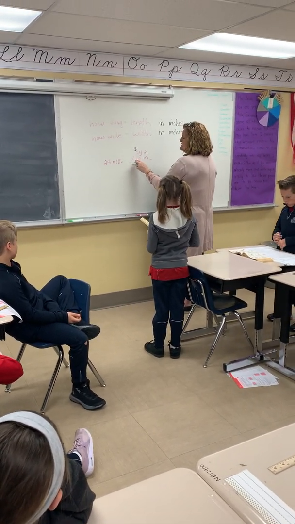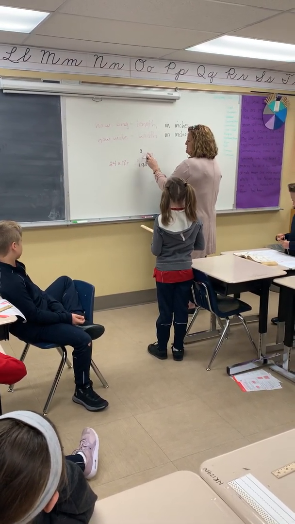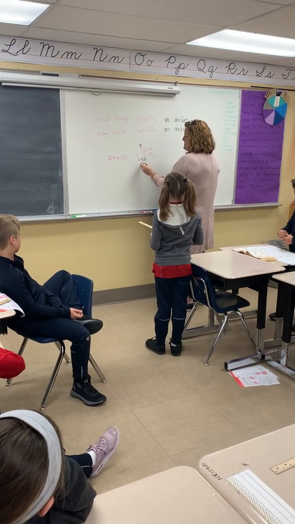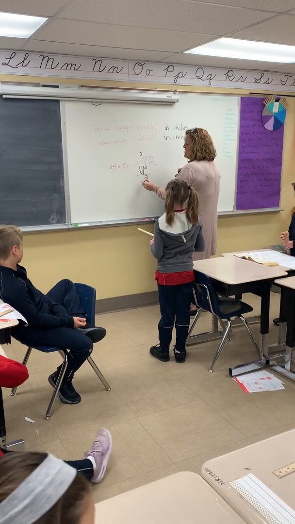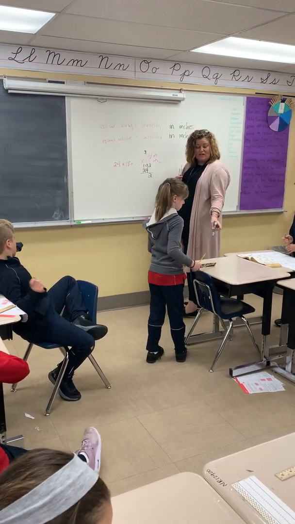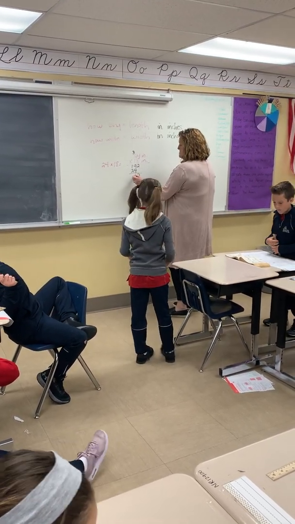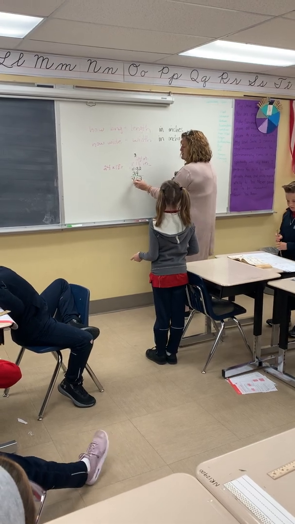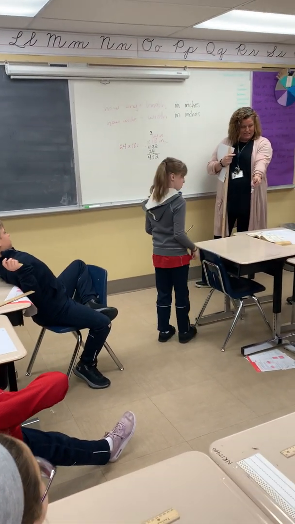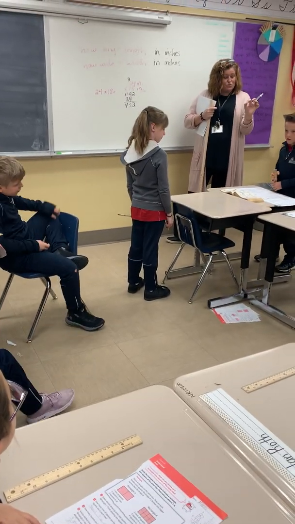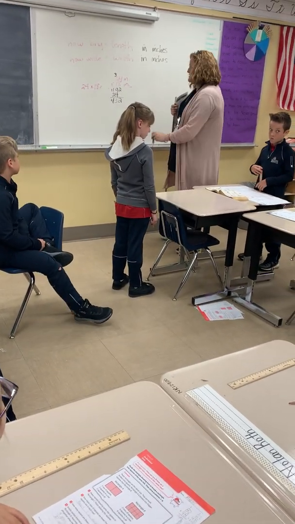Now I'm going to go to the tens column. 1 times 4 is 4. So in order to find out how many 1-inch squares would cover this desk, you would have 432 1-inch squares covering that desk, okay?